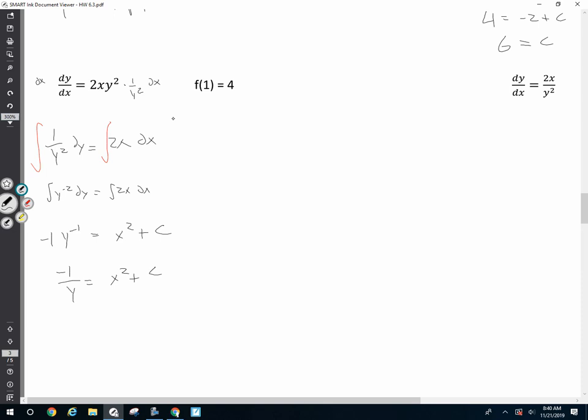Now what's important is that to find c, you can find c at any point. I like to solve for y first and then find c. The way I'm going to solve for y is to take the opposite of everything. I don't have to put a minus c though. This is very important. I'm going to show that step actually.